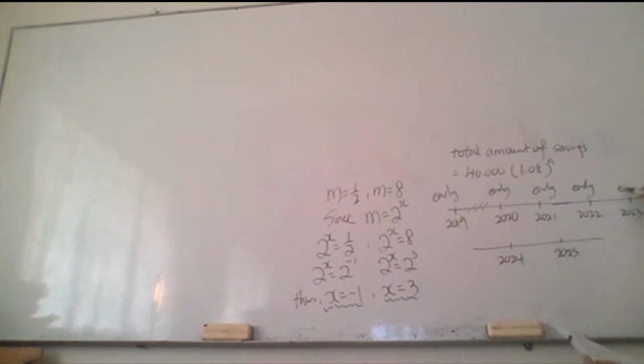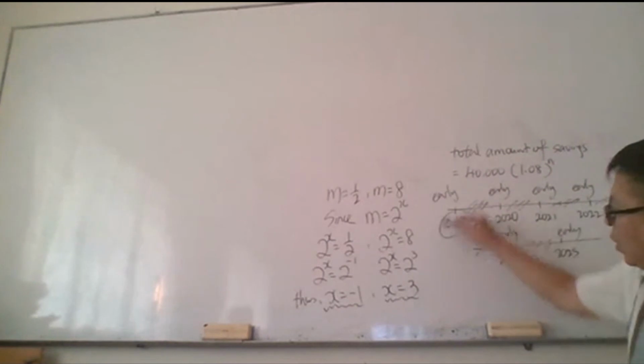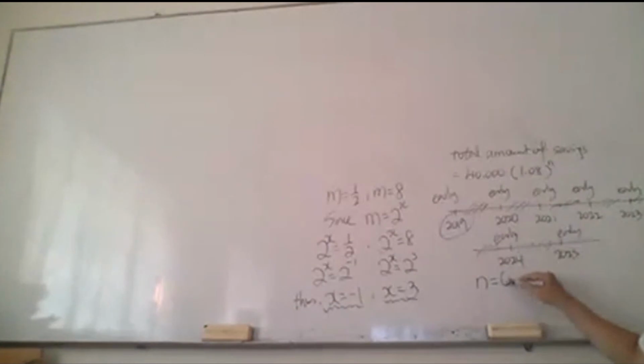So 1 year, 2 years, 3 years, 4 years, 5 years and 6 years. So from 2019 to the early part of 2025, it's about 6 years.